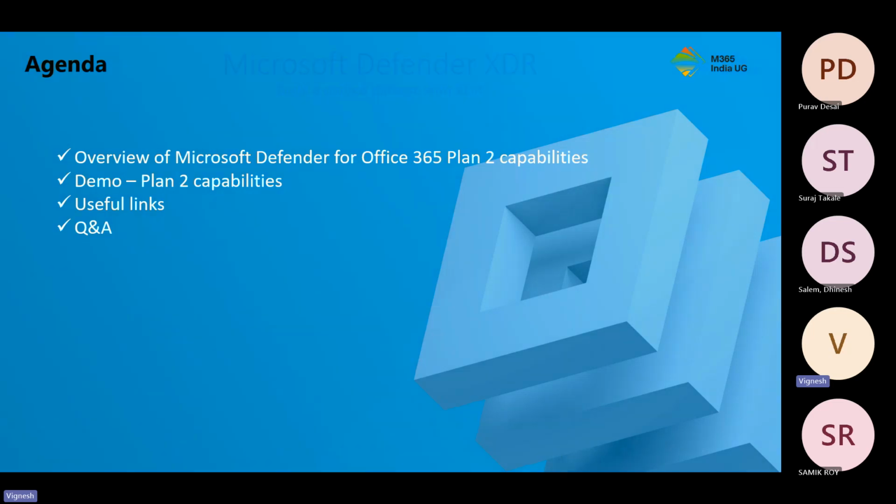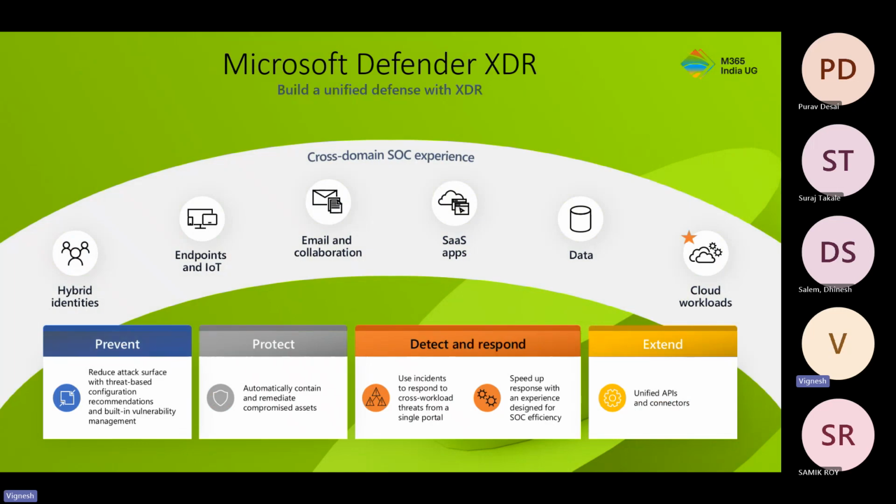Okay, so let's move. This is a diagram which I keep showing in all my sessions just to make sure that you're refreshing your memory. When you look at Microsoft Defender XDR, it's nothing but a unified suite which brings together all the different products. You have Defender for Identity, Defender for Endpoint, Defender for Office 365, Defender for Cloud Apps, and everything comes under this one single umbrella called Microsoft Defender XDR.